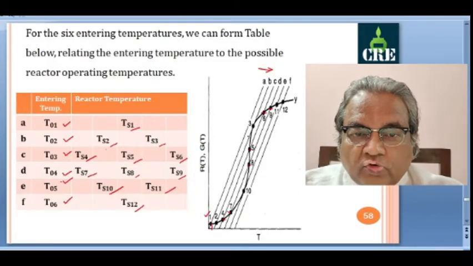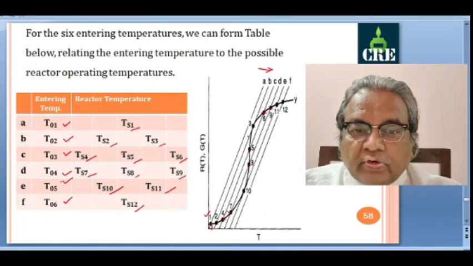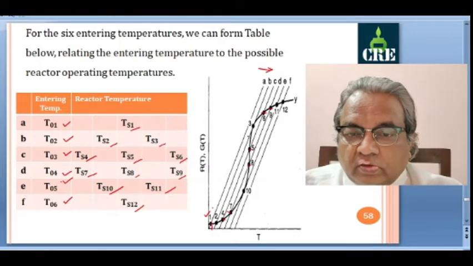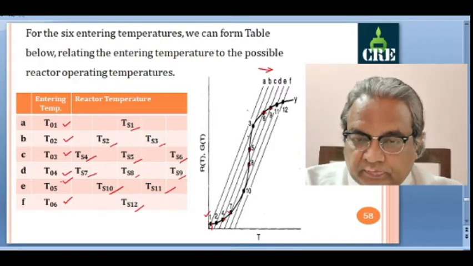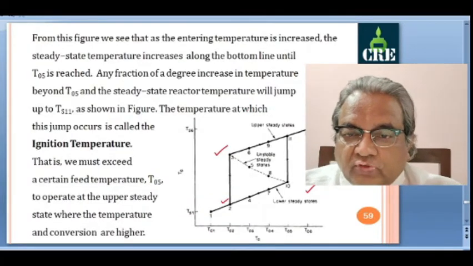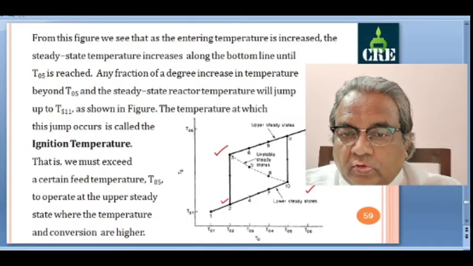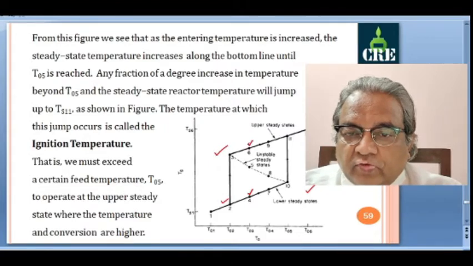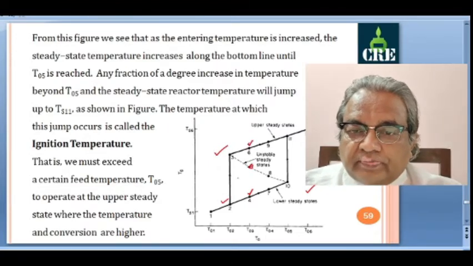Similarly, for T03, you have TS4, TS5 and TS6. 4 is at the lower steady state, then you have 5 and then you have 6. So this is transformed here: 4 at lower steady state here, 6 at upper steady state here, and 5 is in between here.